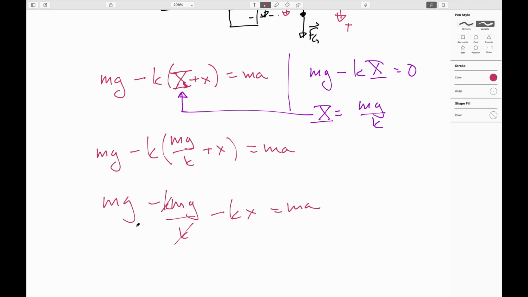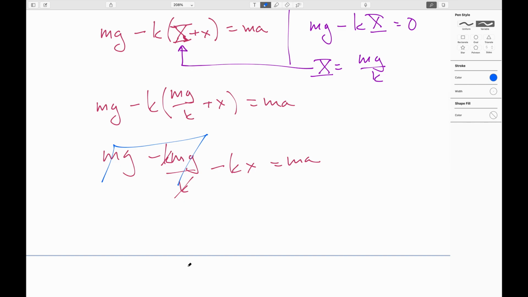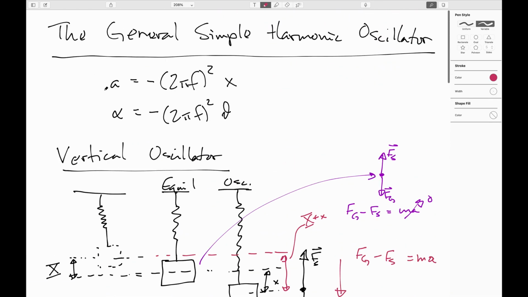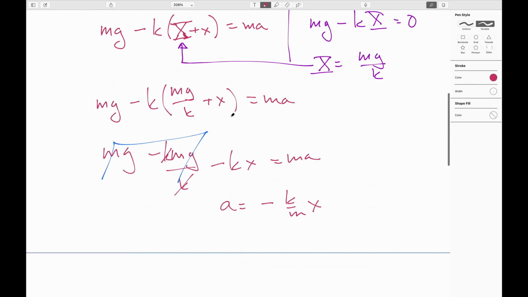But look at this, you've got an mg minus an mg. Those two terms cancel. And so now we can go ahead and rewrite this as a equals minus k over m times x, and go, wait. We've seen this before. Whenever I can write an acceleration-like thingy and a position-like thingy, and equate it to something with a minus sign and some stuff, then that means the stuff is equal to 2 pi f squared.